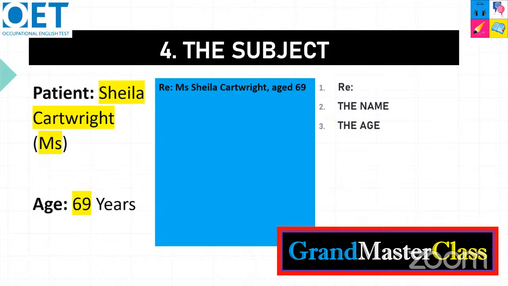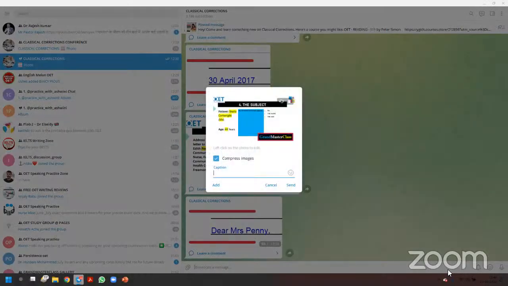If both are given, write the date of birth; if only age is given, write the age. If the date of birth is not given, then only you write the age. So that's it. This is the subject printed screen, which I have posted here.